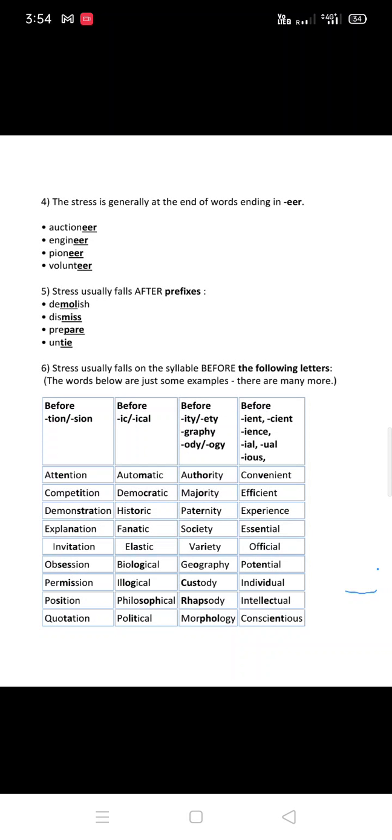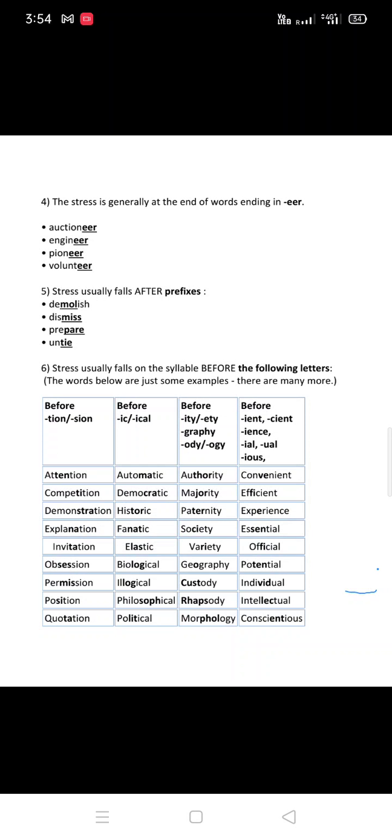Rule number 6 is, stress usually falls on the syllable before the following letters. You can see here, like before sion, that is attention, demonstration, explanation. So before sion, right? Invitation, I'm giving stress on the t, like invitation, or quotation, t again.